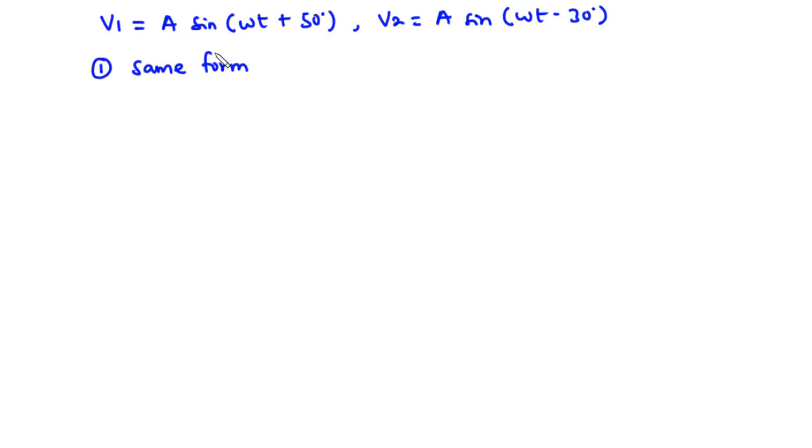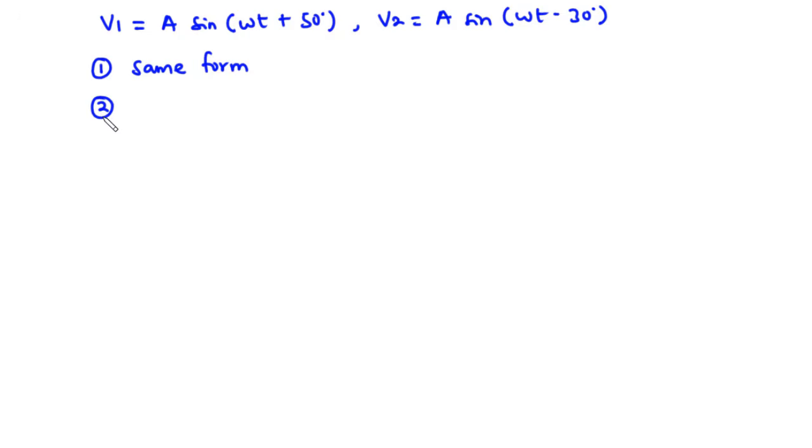Now if V1 is a cosine wave, then V2 must also be a cosine wave. If V1 is a sine wave and then V2 is a cosine wave, then we need to convert V2 from its cosine form to the sine form. So always we need to make sure that the two signals are of the same form.